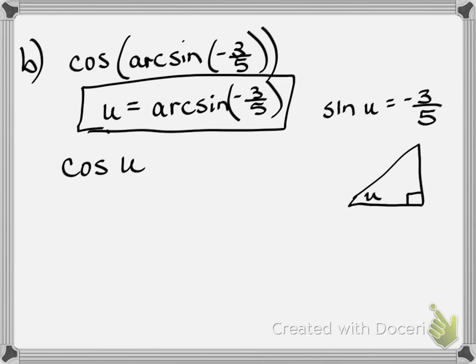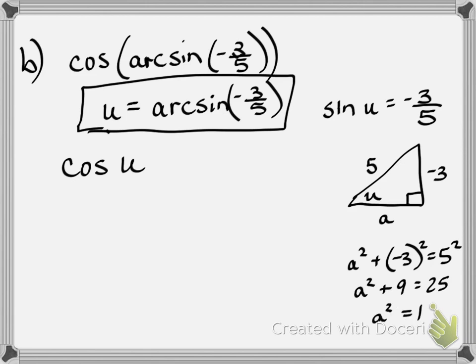Sine is O over H, and H is always positive. And we'll do whatever we need to do to find the A. Pythagorean theorem. A is 4. Now we have our U triangle completely filled out, and we can go back to this problem and find the cosine of U using CAH. And that's our answer.